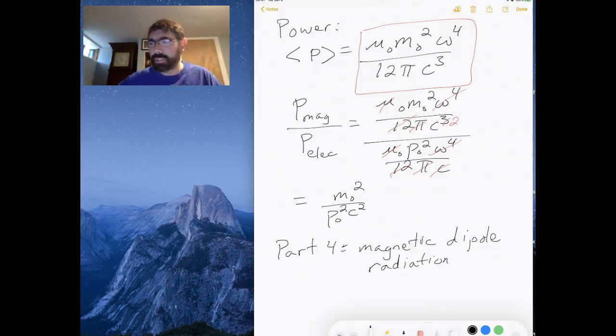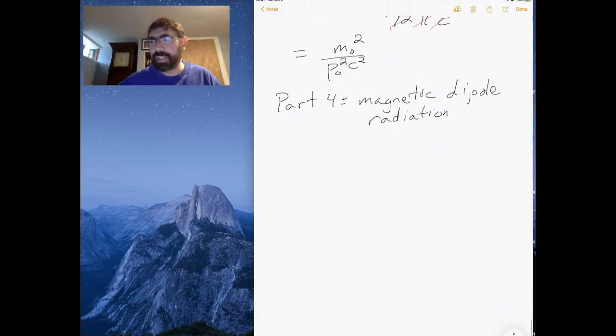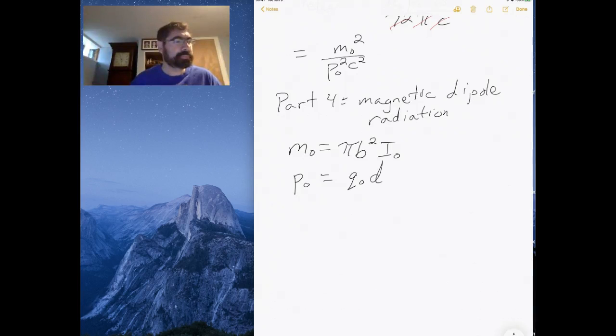The last thing I wanted to go over was to take this expression and put into it that the magnetic dipole moment is the area of the loop times the current. The magnitude of the electric dipole moment is the charge times the distance between the two charges.